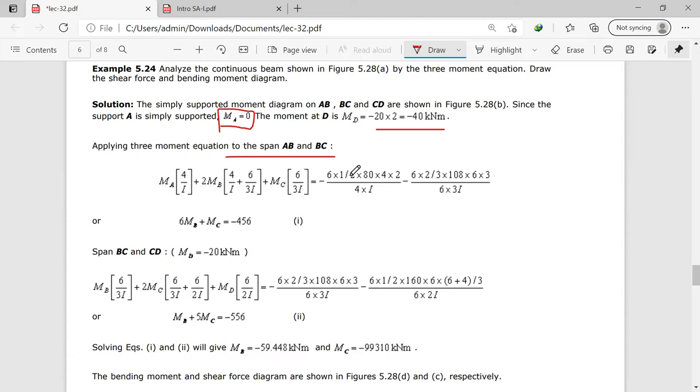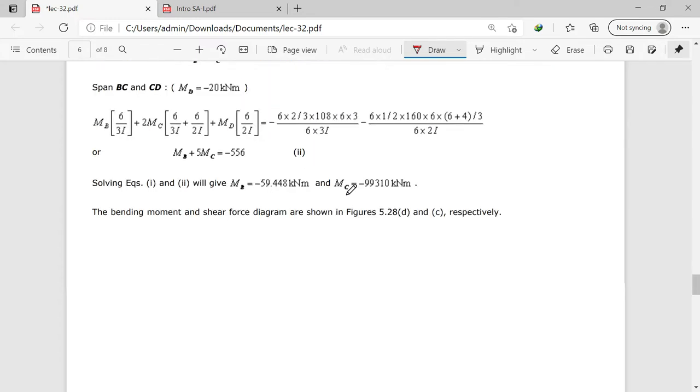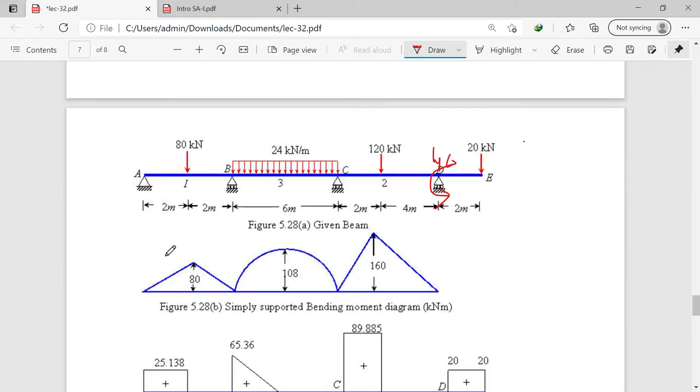Minus 6 A1 x1 bar divided by 4I. For area 1, it is a triangle, so the area is half into base into height, half into 4 into 80, and x bar from the left-hand side is equal to 2.